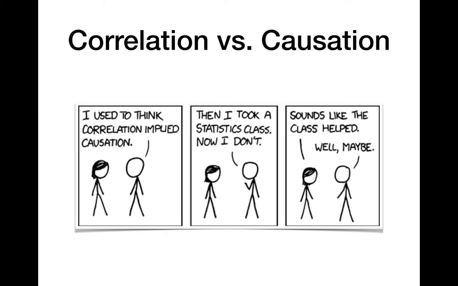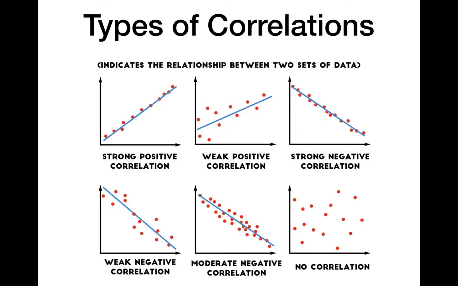Just because increased knowledge of statistics also increased the understanding that correlation does not cause causation doesn't mean that that caused it. Anyway, that's really poorly explained, but I find it hilarious. Nerd alert.